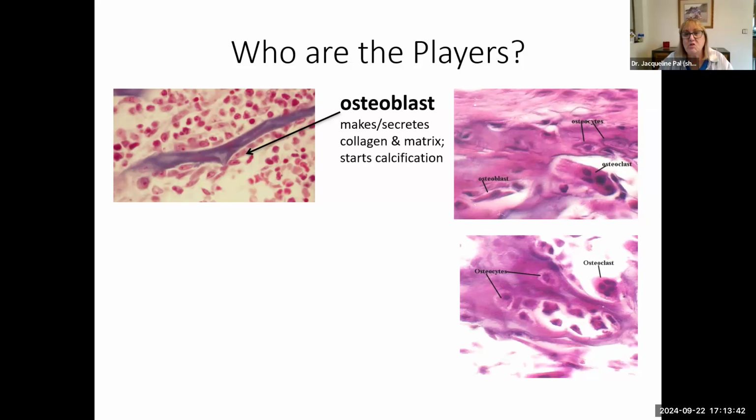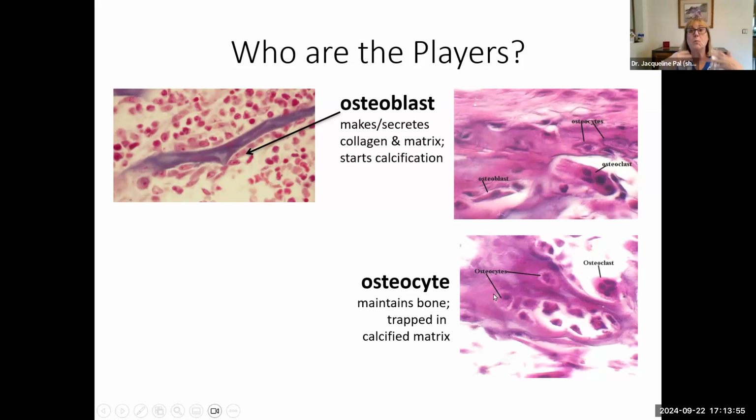And when they get trapped, they're going to get trapped with a little space around them, that little lacuna, and then they are going to be renamed as osteocytes. They're not going to be able to build new bone. They're going to become bone maintainers. They're still going to be making and secreting collagen and small amounts of matrix.